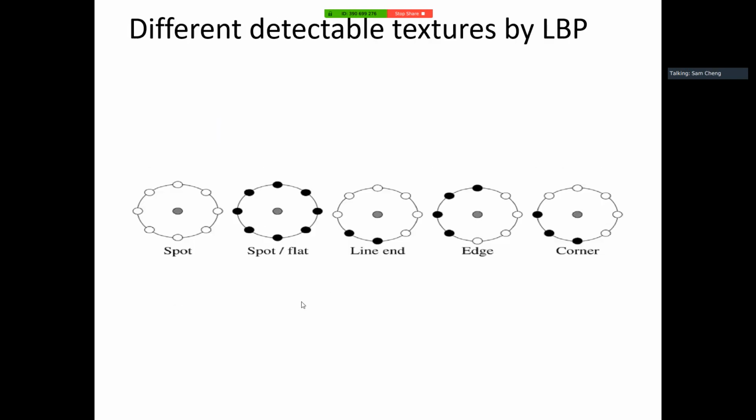I can also have an edge, where this point is bigger than just one side of the points there, or a corner. So it's a pretty concise representation, and from that number you can identify whether there's a corner, edge, and so on and so forth.